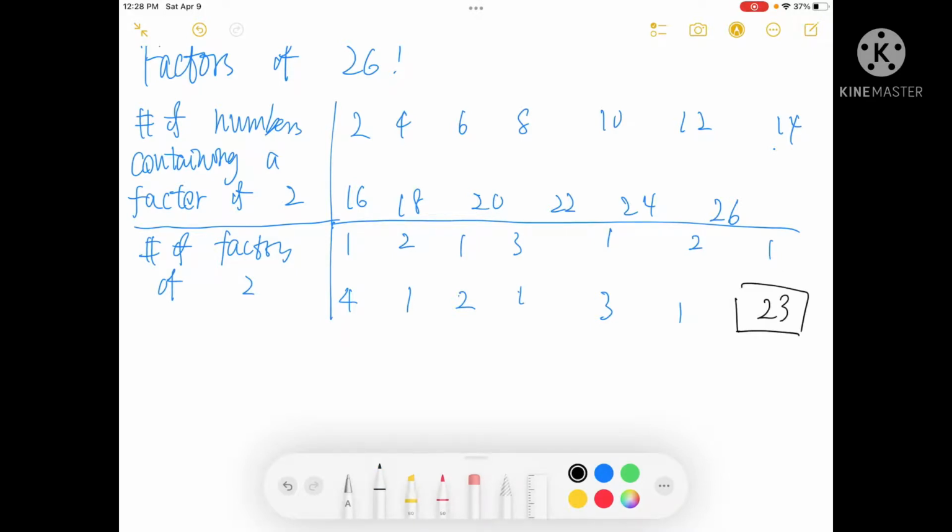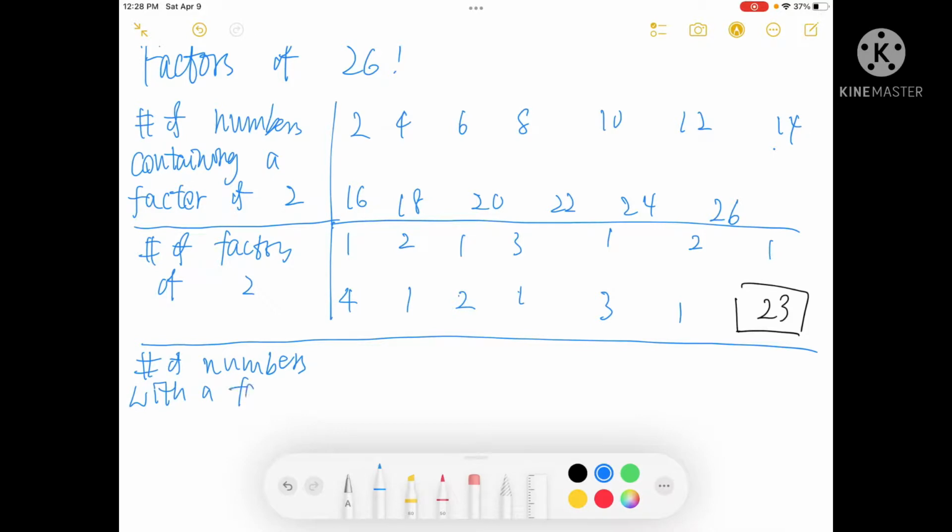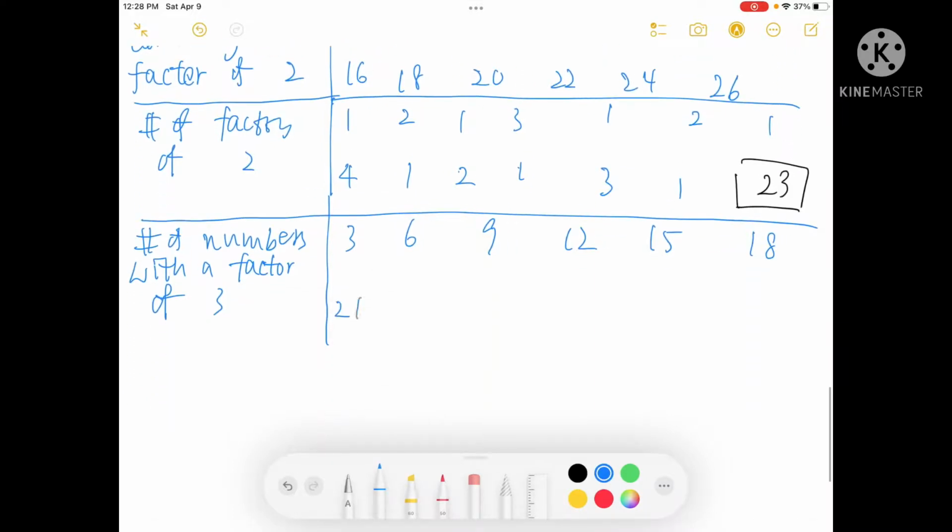Next, we can find the numbers with a factor of 3. So we have 3, 6, 9, 12, 15, 18, 21, and 24.